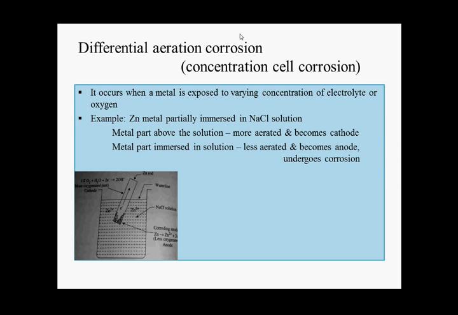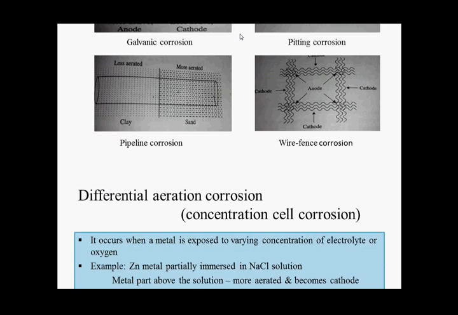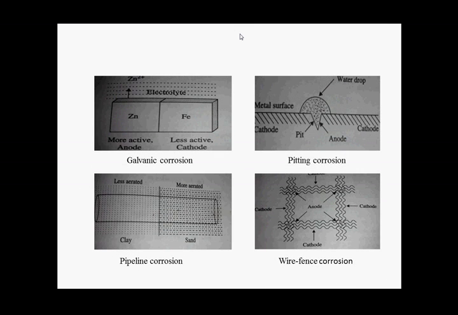Such corrosion is also called waterline corrosion, normally seen in bridges, pipelines, wire fences, etc. Pitting corrosion, wire fence corrosion, and pipeline corrosion are the various examples of differential aeration corrosion.